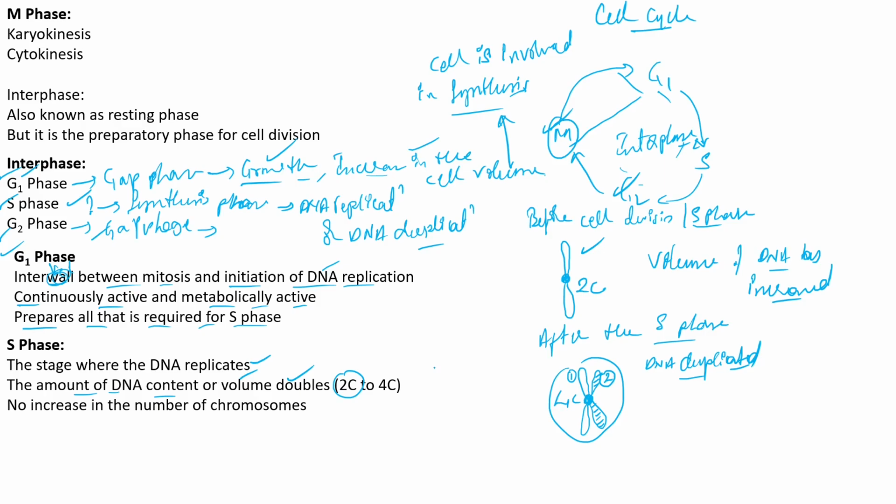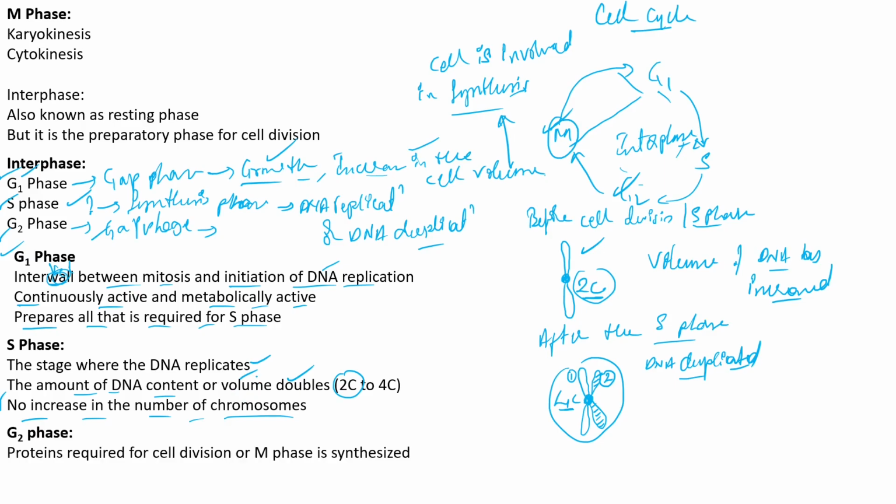I'm not speaking of the number of chromosomes, remember, it is the amount of DNA. If the amount of DNA in this chromosome is 2C, then it will be 4C. Hence we have to note that there is no increase in the number of chromosomes.